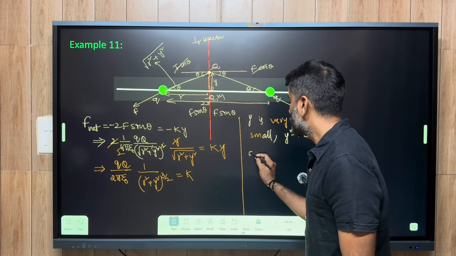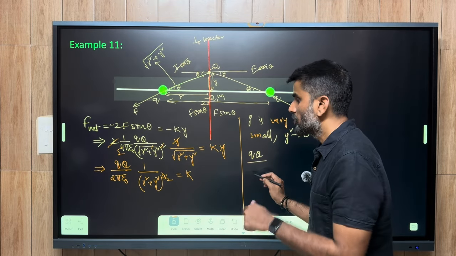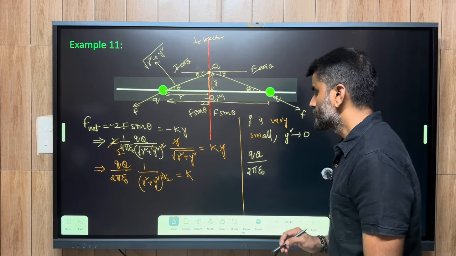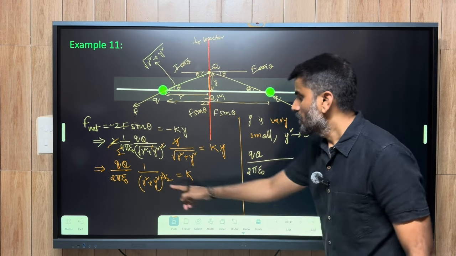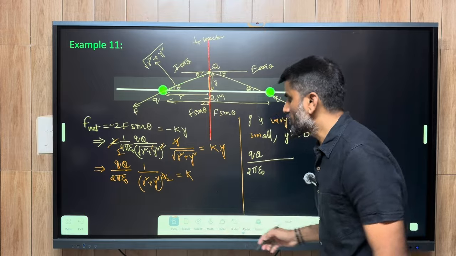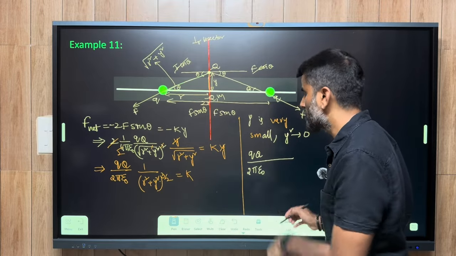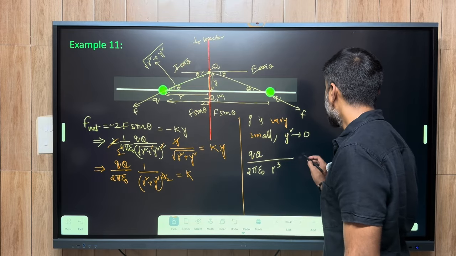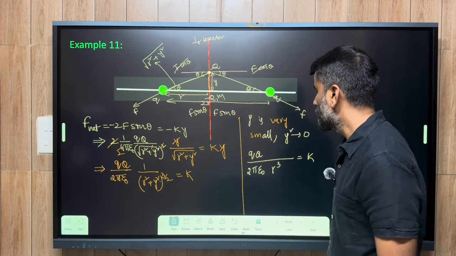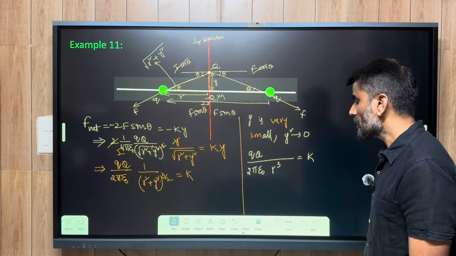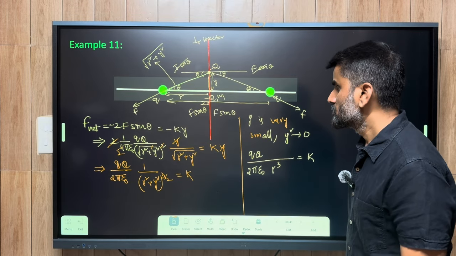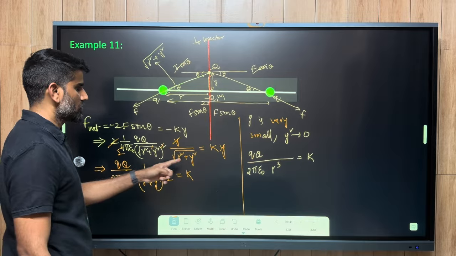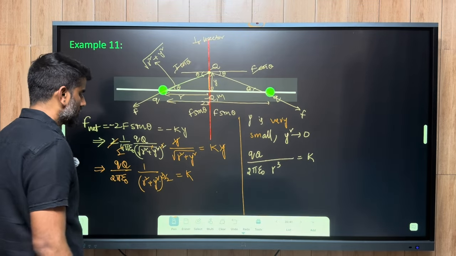Then q, capital Q by 2 pi epsilon naught into y, and y square is 0, so r square whole to the power 3 by 2; square and 1 by 2 get cancelled. R cube will remain, is equal to k. Did we do anything wrong?